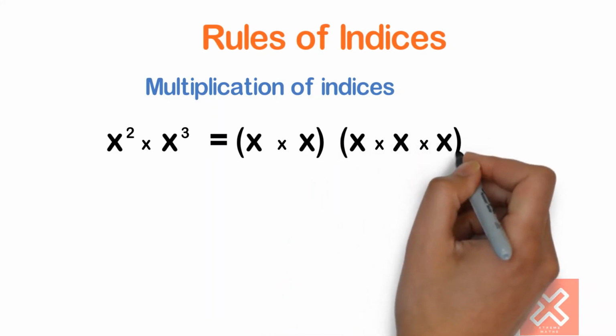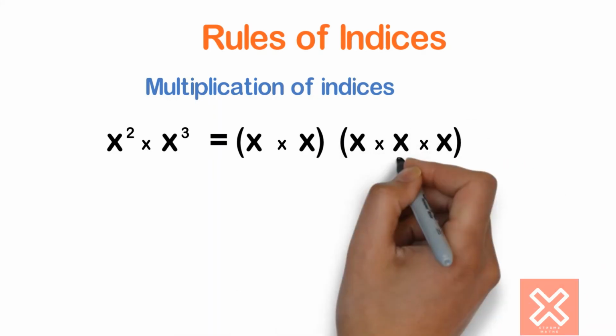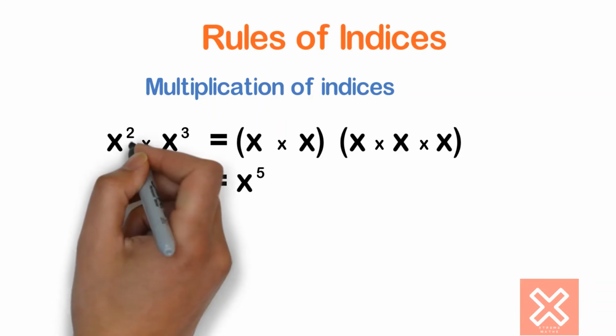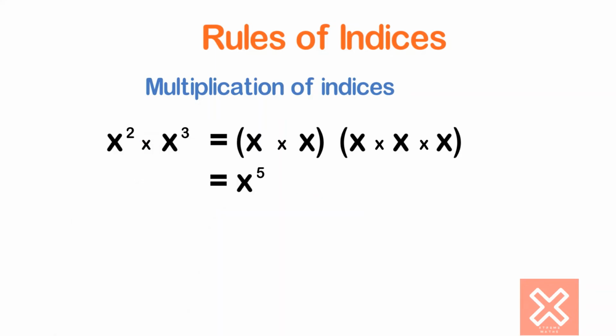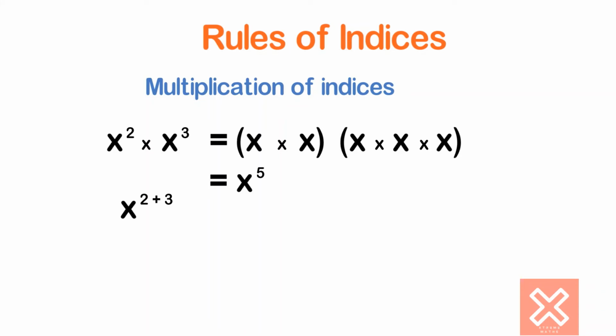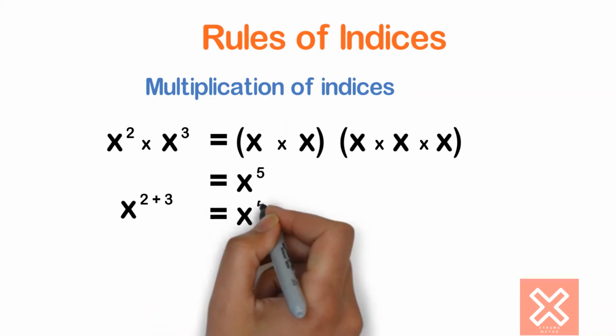Then how many times altogether? 1, 2, 3, 4, 5. So we can write X to the power 5. Can you see any relationship between this 2 and this 3 and this 5? Yes, we can add these 2 and then we get this index. X to the power 2 plus 3 equals X to the power 5.